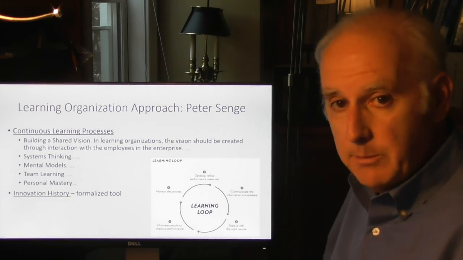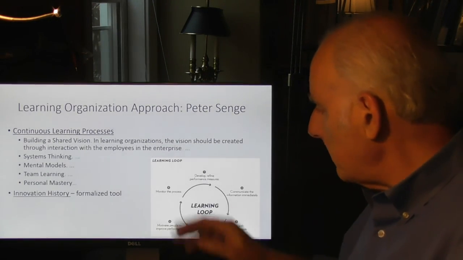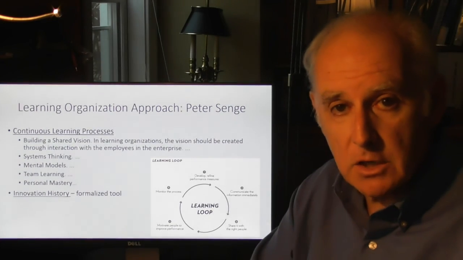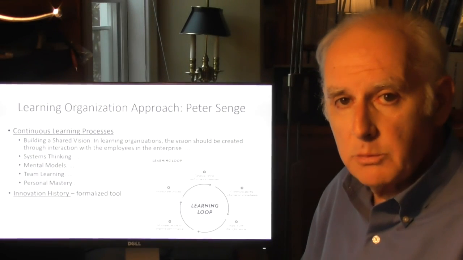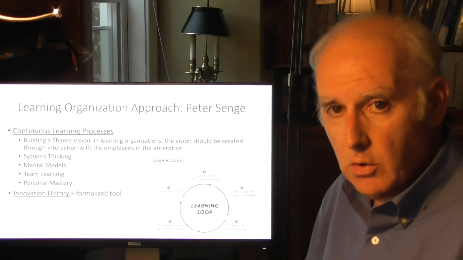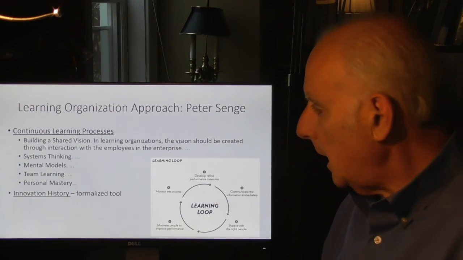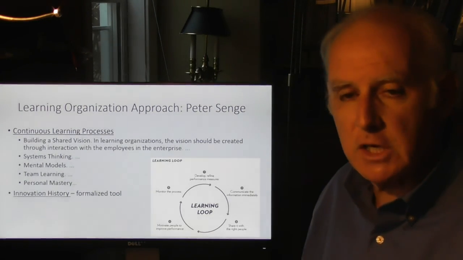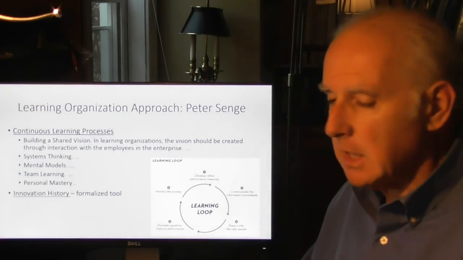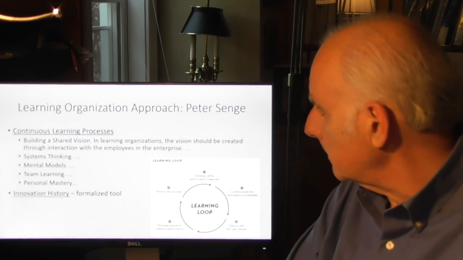Share it with the right people. Motivate people to improve performance, then monitor it, and then on it goes. This continuous loop is one of the high points of the learning organization. Another is an innovation history, and I'm just mentioning it as another example of one of quite a number of tools.